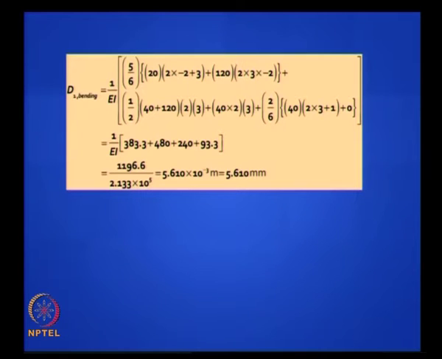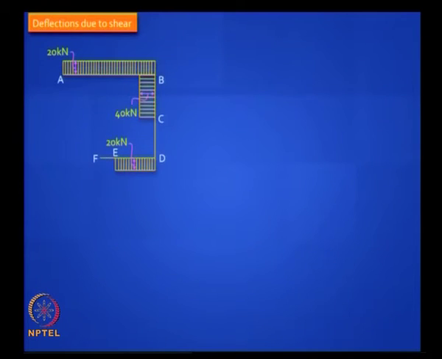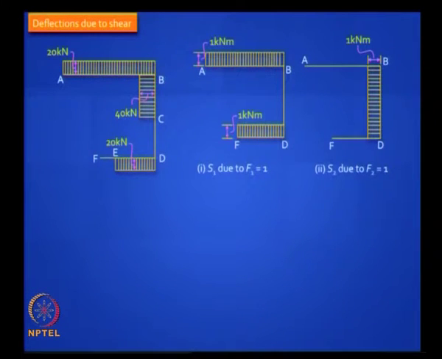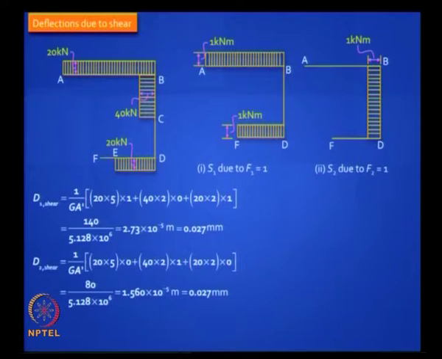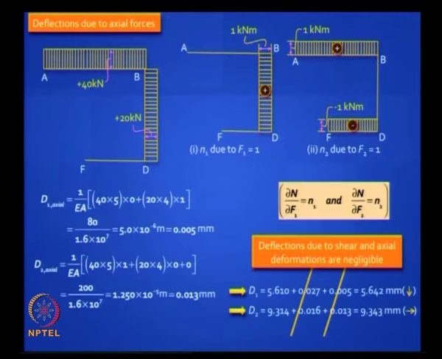It resembles a unit load method, and you can find that the deflection caused by bending is 5.61 at d1, and at d2 it is something. Then you can also find deflections caused by shear using similar expressions, and at the end of the day we are interested in total values.